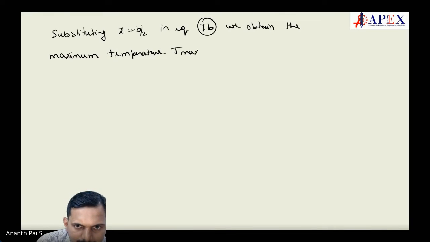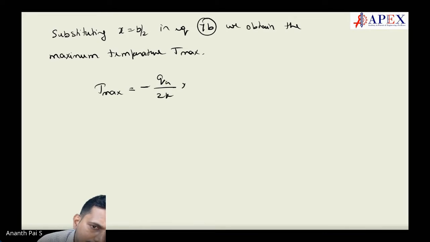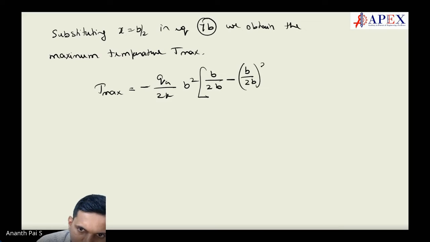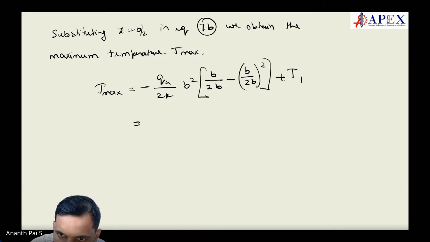T max is equal to minus qg by 2k into b square into x is b by 2b minus b by 2b the whole square plus T1, correct? So this would come as equal to T1. This comes as this whole thing, see, b square by 2b. So what happens? bb cancels, so 1 by 2 square, this bb cancels, 1 by 2, 1 by 2.